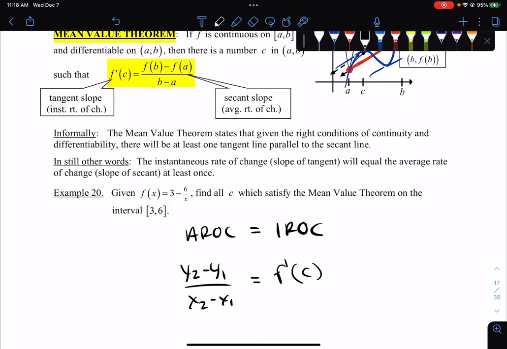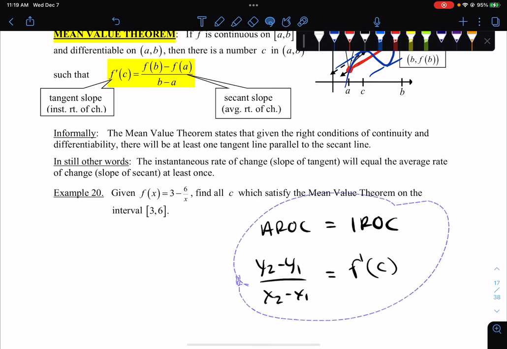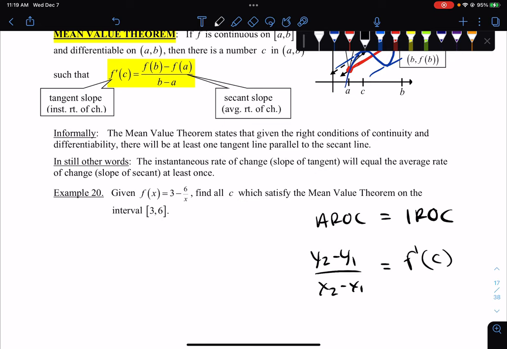It's going to equal the same thing. So we use this idea that the AROC is going to equal the instantaneous rate of change. Example 20 says, given that f of x equals 3 minus 6 over x, find all c values that satisfy the mean value theorem between 3 and 6.